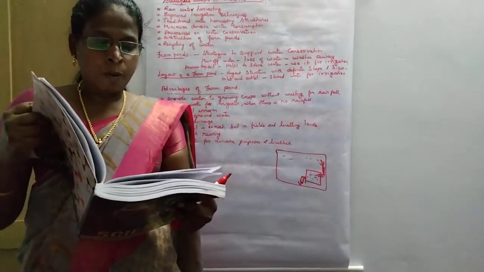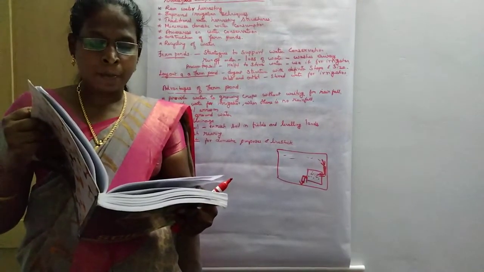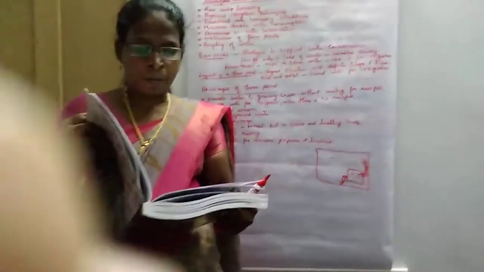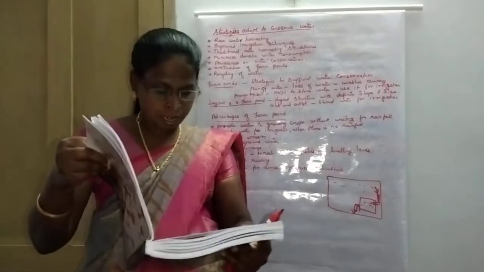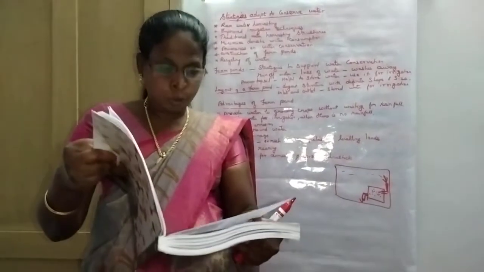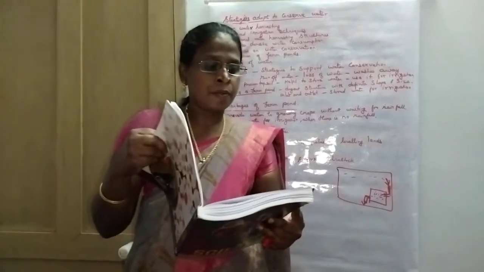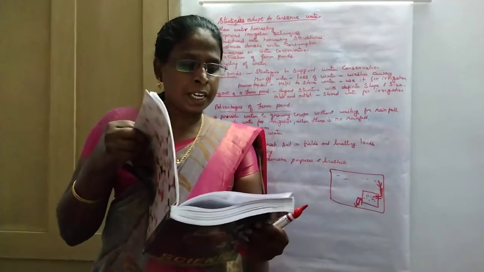Then, Roman letter 4, second one. Why are streamlined body and presence of setae considered as adaptations of earthworm? For that question, the answer is in page number 296. Second para, streamlined body, like that one side heading is there, no?